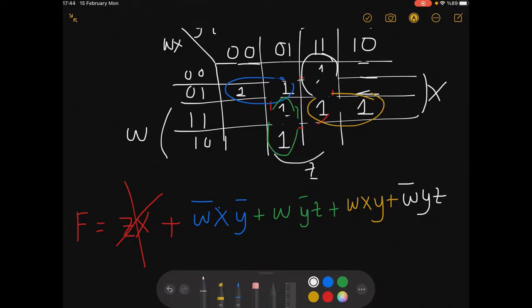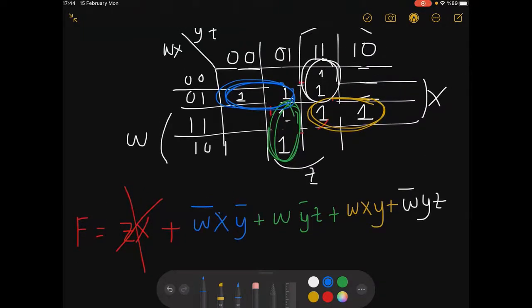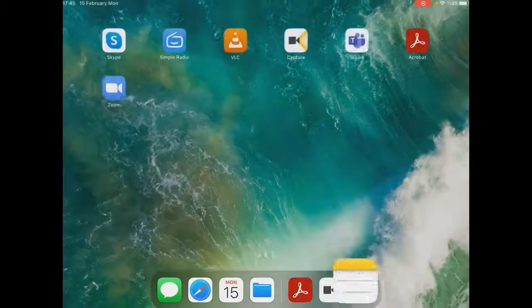If you remove this red part, you will still be covering everything. So it means that you need some additional procedures for finding the simplest solution, right? So we will discuss this. Don't worry. This is happening because of selecting the essential prime implicants first. We will cover this.